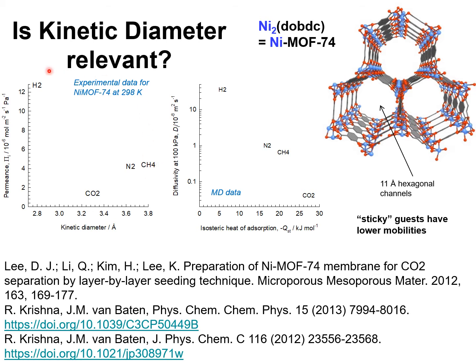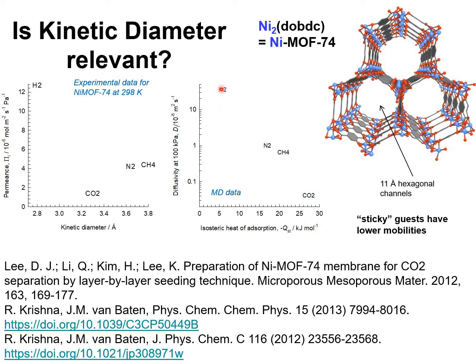In order to understand this experimental data, we look at MD data on the diffusivities of these gas molecules, plotted as a function of the isosteric heat of adsorption, that is a measure of the binding strength of the gas molecules.